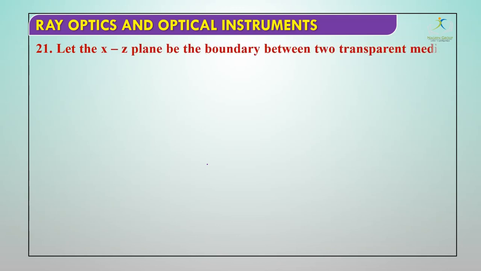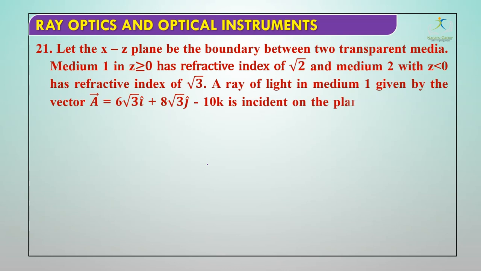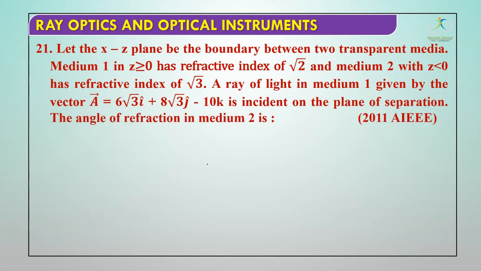21st question. Let the XZ plane be the boundary between two transparent media. Medium 1 with Z greater than or equal to 0 has a refractive index of root 2. And medium 2 with Z less than 0 has a refractive index of root 3.